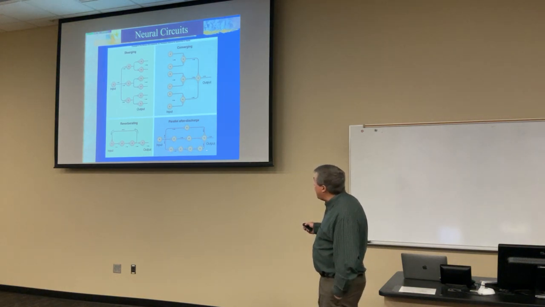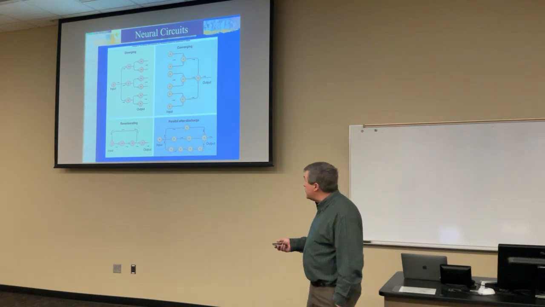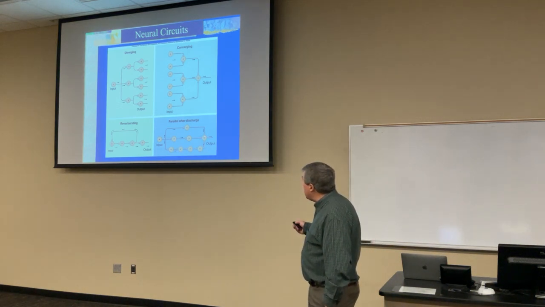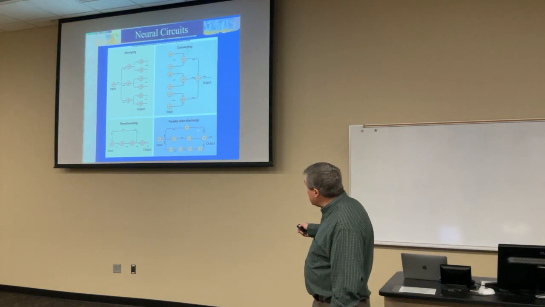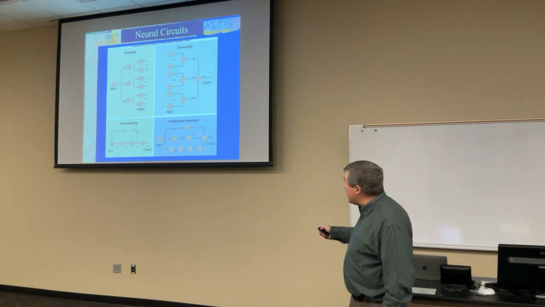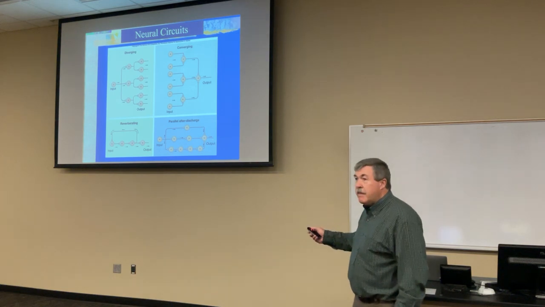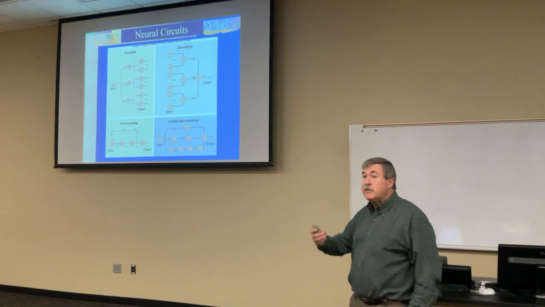So the more synapses you have, the more delay there is in the time it takes to stimulate this last neuron. So in this top pathway, since there's only one synapse, it's not going to take as long for that signal to get to this last neuron. So that will cause the final neuron to fire first.